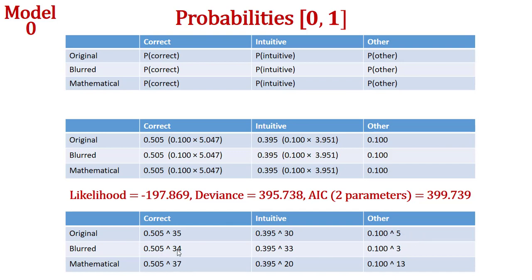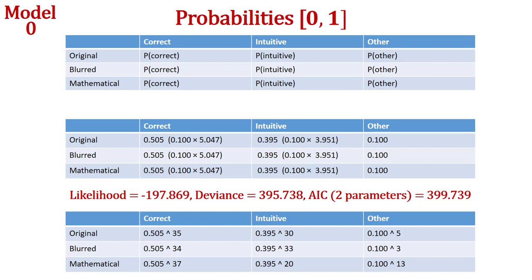And we do the same for each of these cells. We get the probability that the model gave us for that cell, and we elevate that to the power of the number of times this answer was actually observed in our sample.